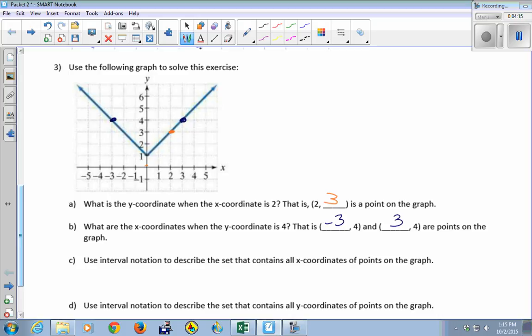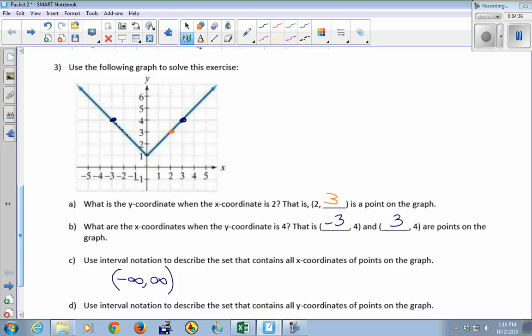They're not just integers. Integers are definitely in there, but there are also points between the integers. So it would be -infinity to +infinity, all real numbers. If I was going to just list x coordinates of points on this graph, I would be writing down every number.